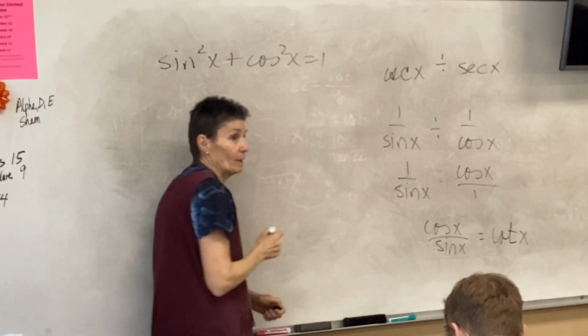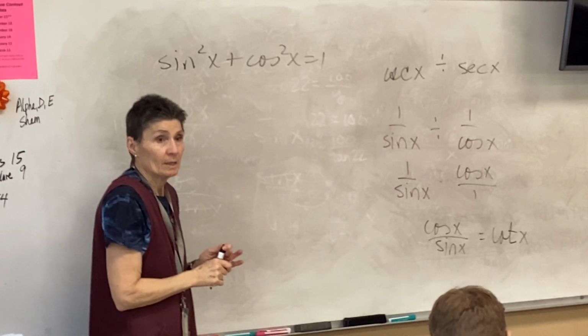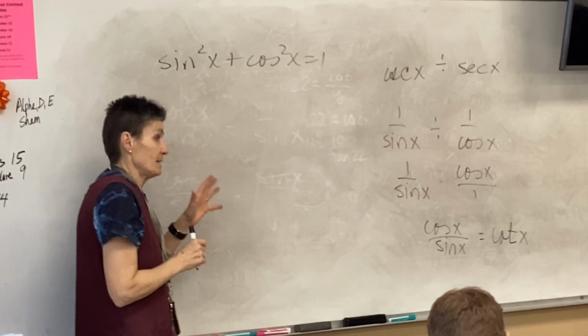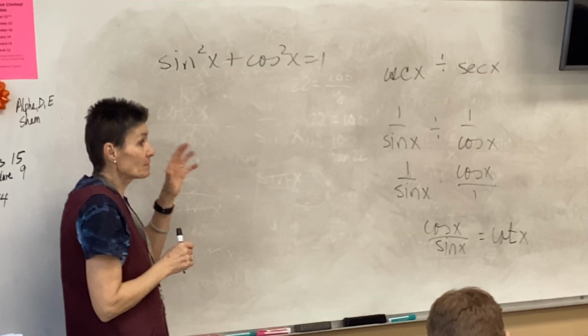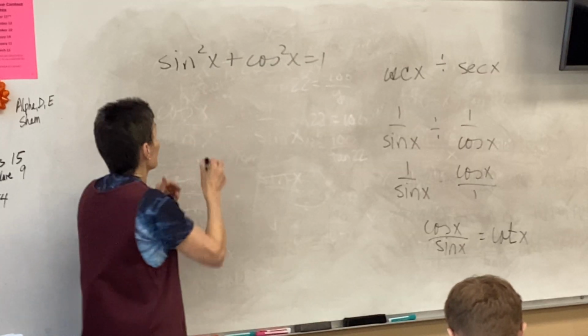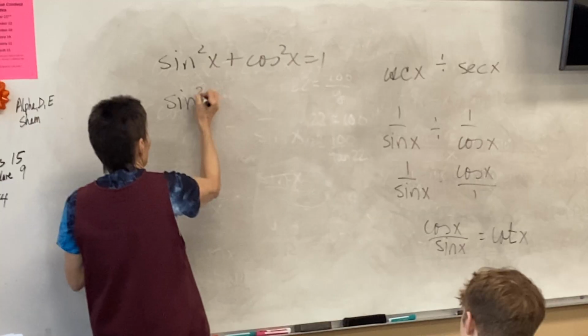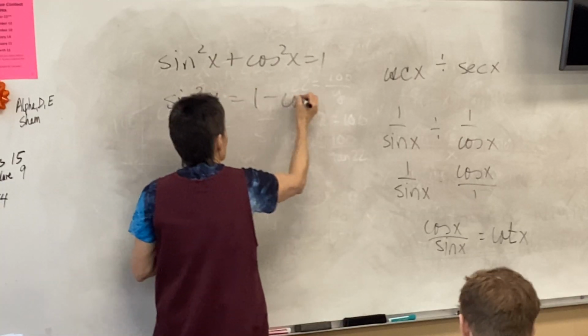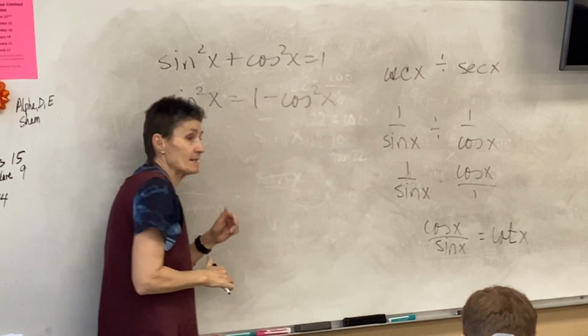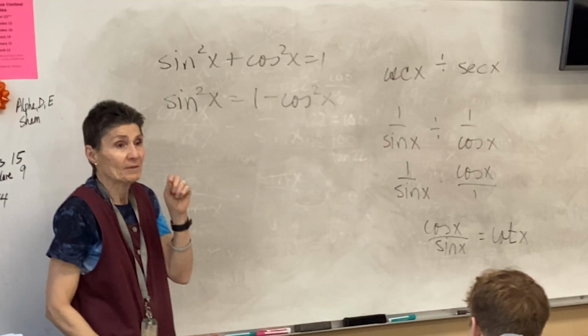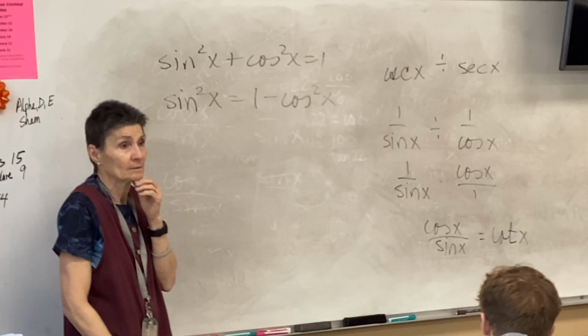We've used that one, okay? That identity sometimes looks just like that, but it can also be written like this. Now look at that. Does that make sense to you? That would be the same thing?